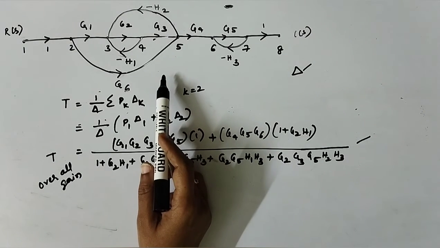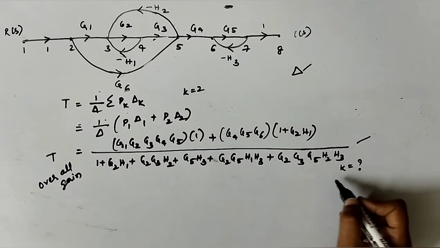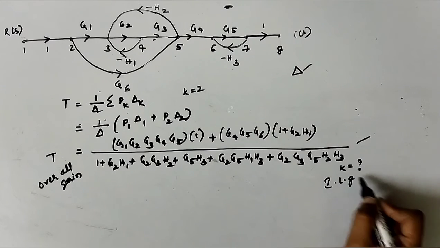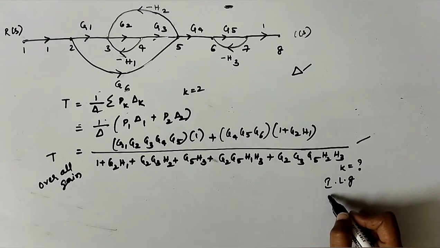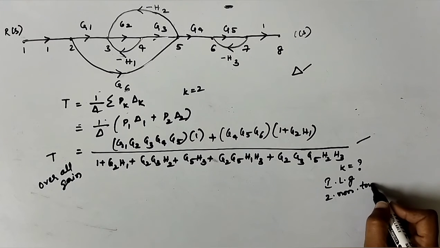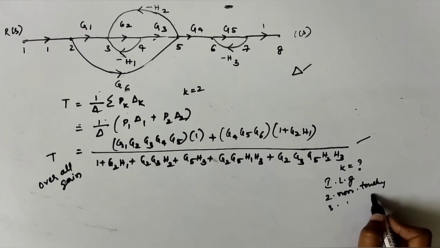of this particular system. On the whole we have seen finding the number of paths, then finding the individual loop gains, then finding the combination of two non-touching loops, and if you have a combination of 3 you have to find out 3 also.